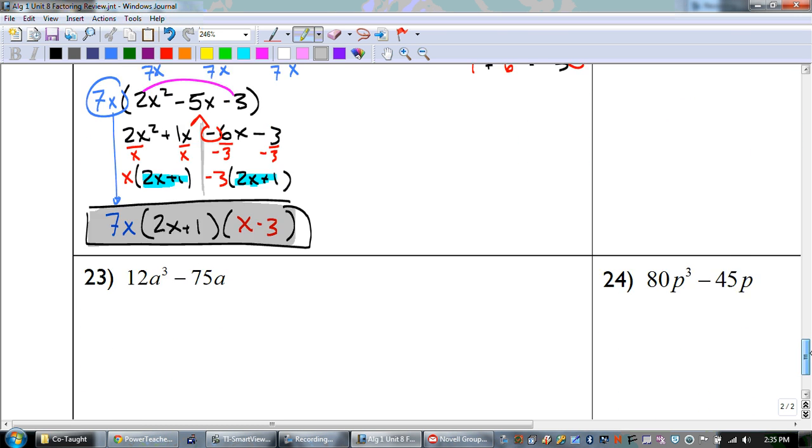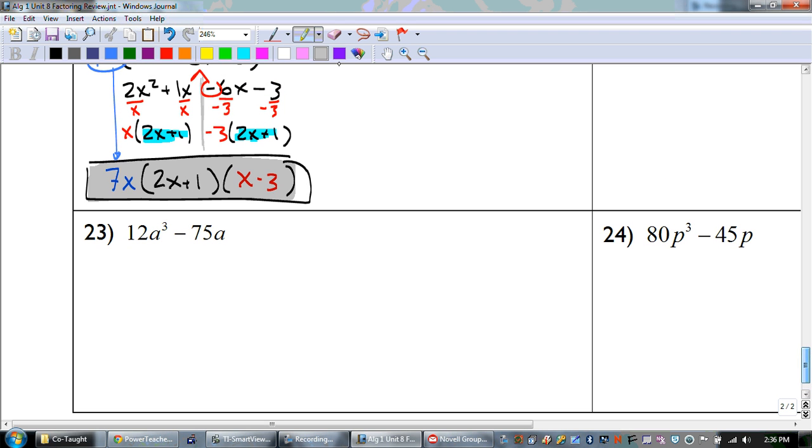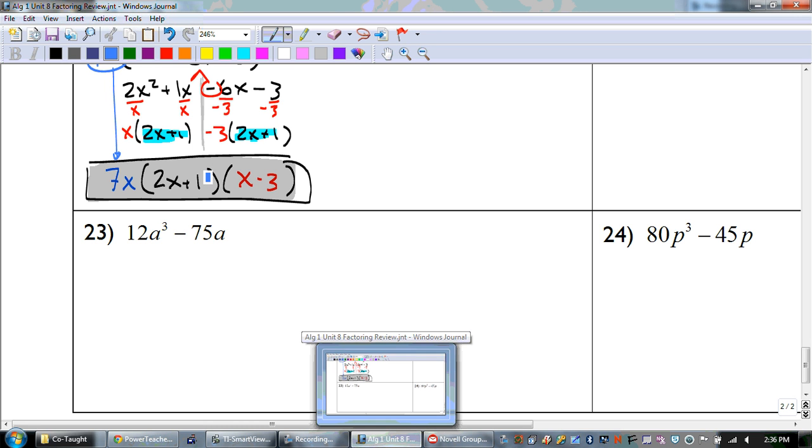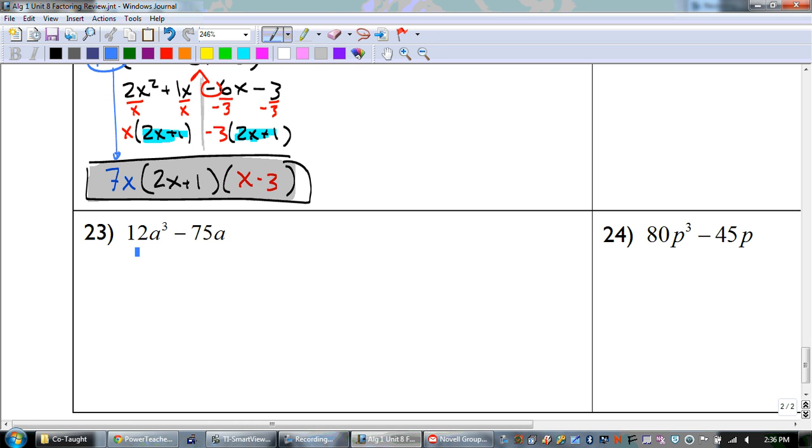All right, last one. So the first thing we do is check for a GCF. Good. Now, I know they both have an a, so I can take out an a. And is there a number that goes into both 12 and 75? There is, it's the number 3.